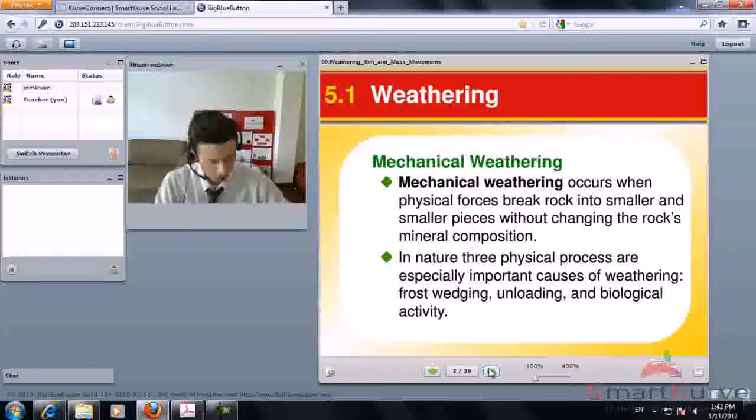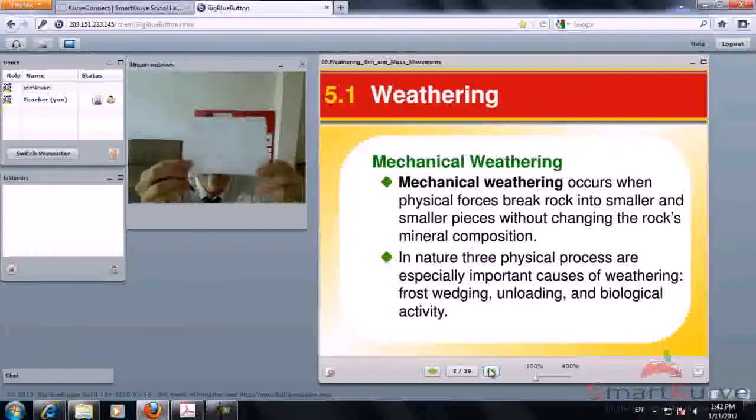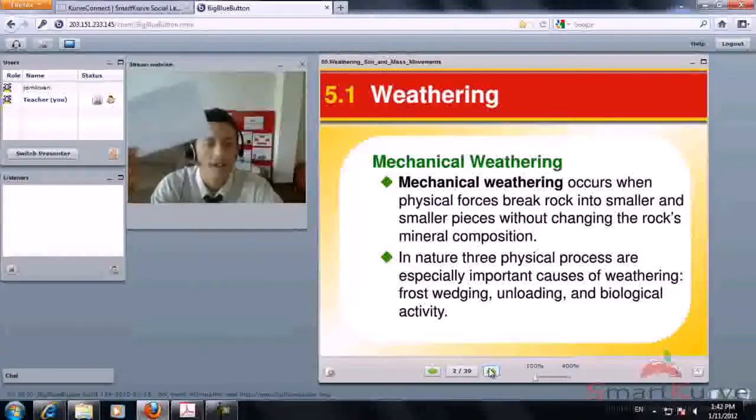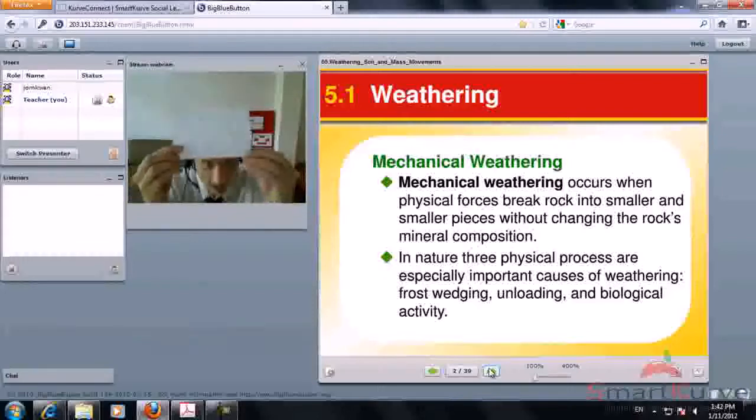Examples of chemical changes would be sugar burning, or photosynthesis in plants, or metabolism in animals and human beings. These are all chemical changes.